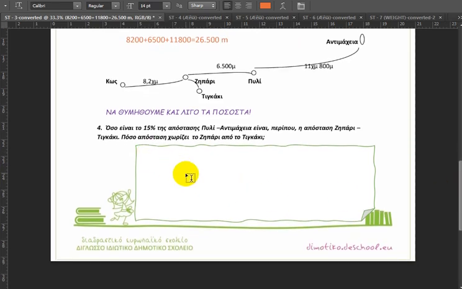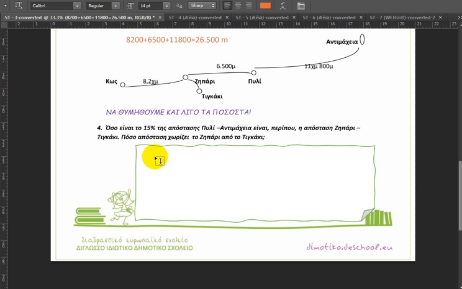So, the next one says that 15% of this distance is equal to this distance. So we want to find basically 15% of this.